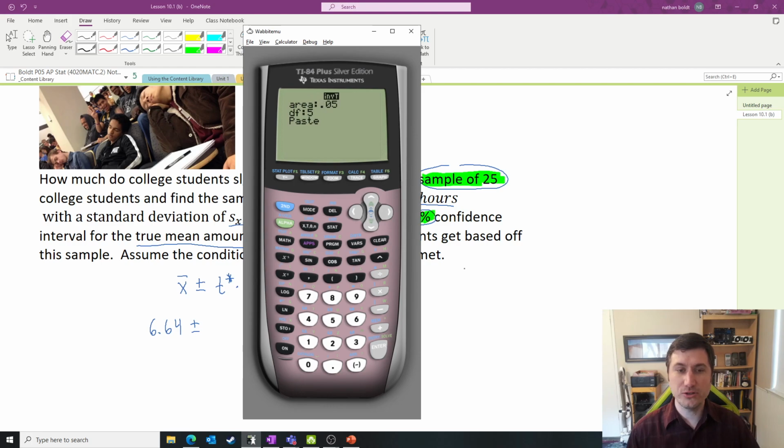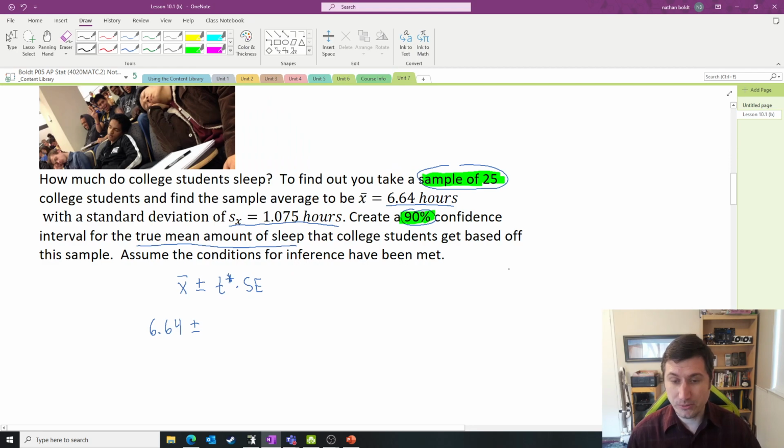Here are the 2 things it asks for: the area and the degrees of freedom. Those are the 2 things we need. To figure those out, remember you think of the normal model. Well, it's a t distribution technically in this case, but with my bad drawings, you certainly can't tell the difference.